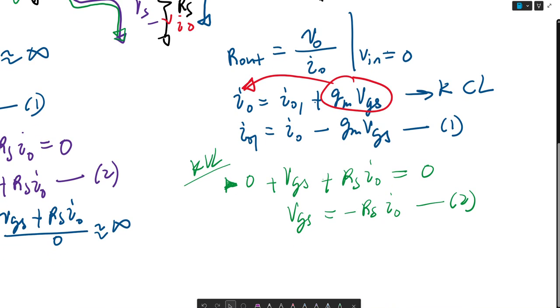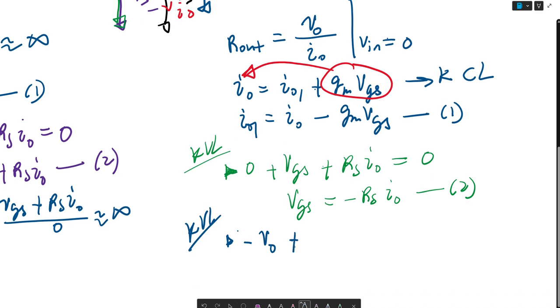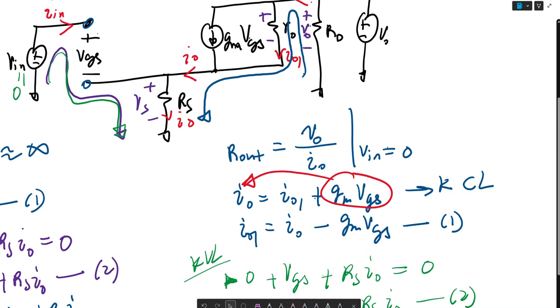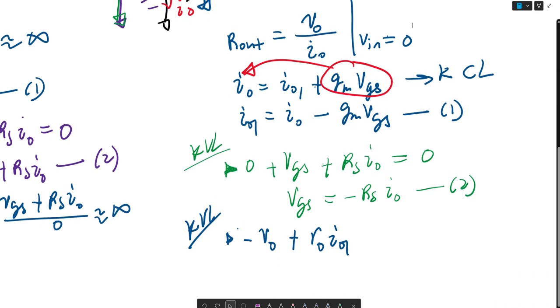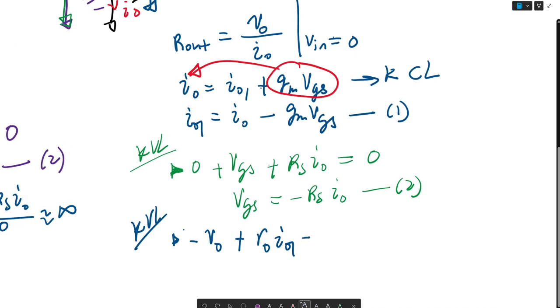So we get minus VO, and again, this is a KVL because we're solving for voltages, plus RO IO1, right? Because that's the current flowing through this RO resistor right here, plus RS IO is equal to 0.